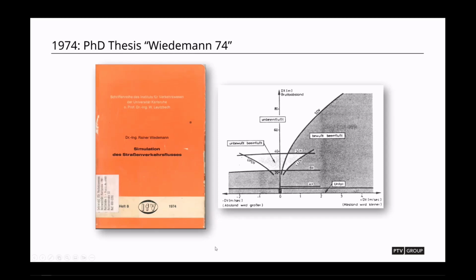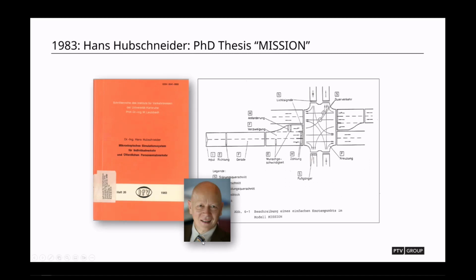Then Rainer Wiedemann became professor at the Institute of Transportation Studies in Karlsruhe, and lots of scientific assistants did things to that software. Eventually Hans Hubschneider, the founder of PTV, in his PhD thesis built the new version called Mission.